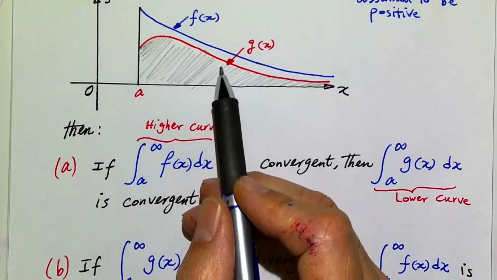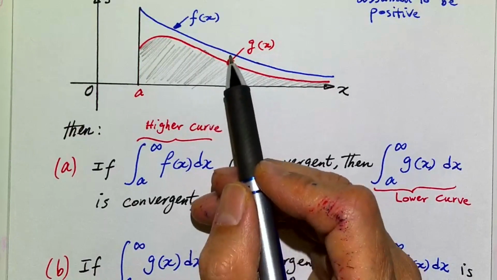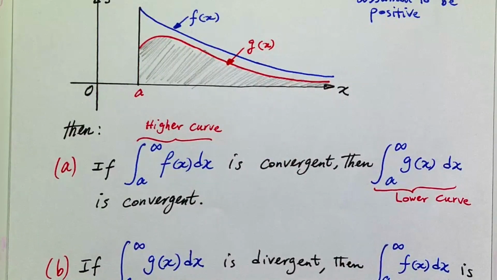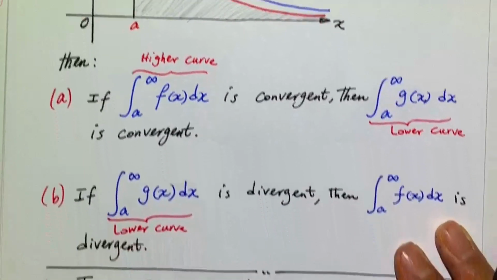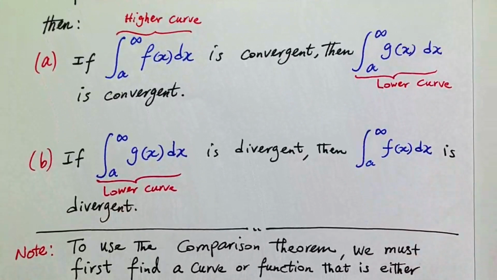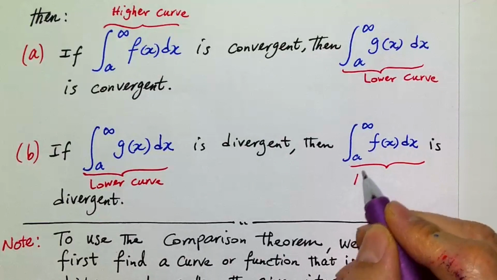If that's the lower curve, if it's divergent, then the higher curve is also divergent. Okay. And I should add, so this one would be higher curve.